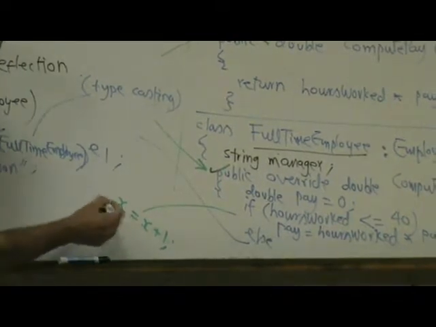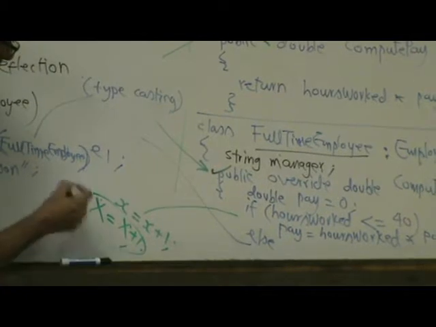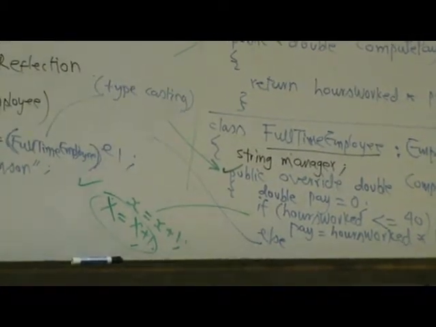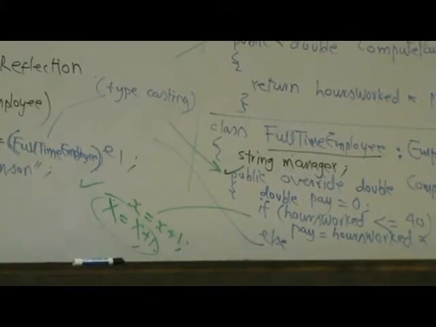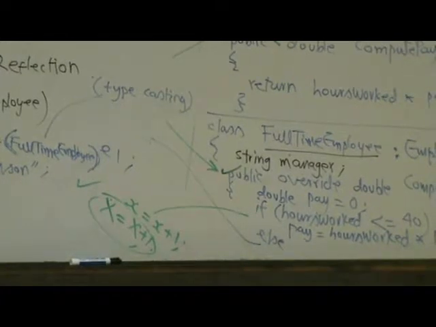But you can always go x equal to x plus 1 and it will work. So even the private fields are inherited. The question is, how do you access them?